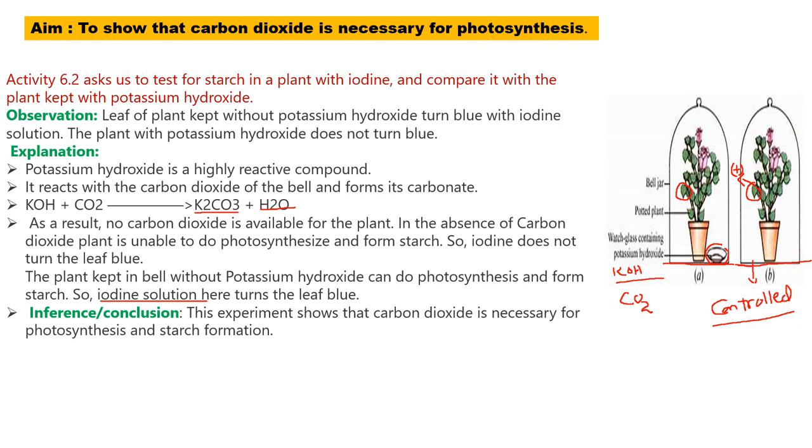But here in the plant where we have kept a petri dish with KOH, here we will see there won't be any presence of starch. So my starch experiment is not coming well over here. It's showing a negative sign. That means the starch is not produced when I put iodine solution. This shows that carbon dioxide is very essential for the formation of starch.